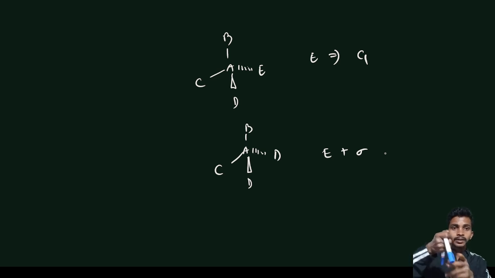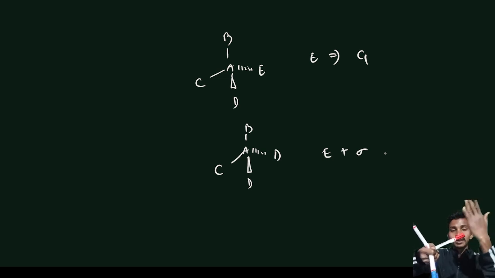This is front and this is back. These are the same, and these are different. So one is front to you, another is back, front and back, and these are different. So is any axis present?